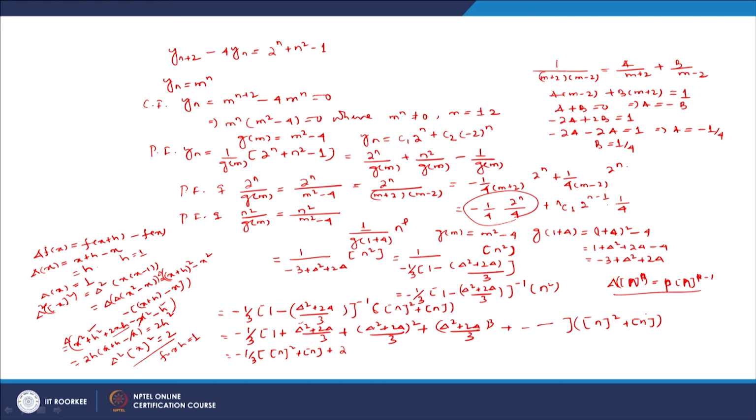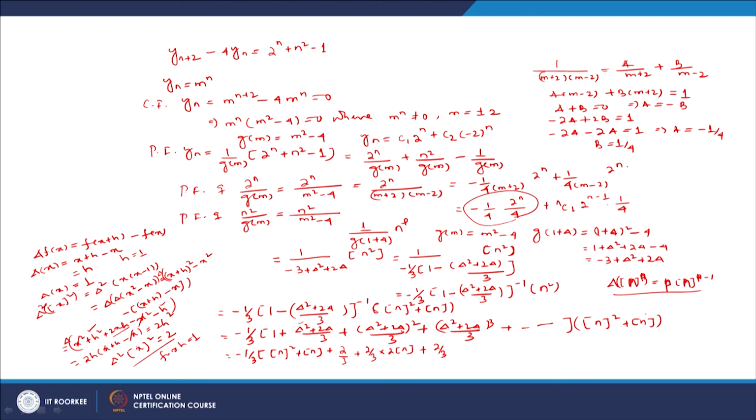That is why, if you write here, the first value gives you 2 by 3. Then 2 delta operating gives you 2 by 3 into 2 n, and the immediate next value gives you 2 by 3.